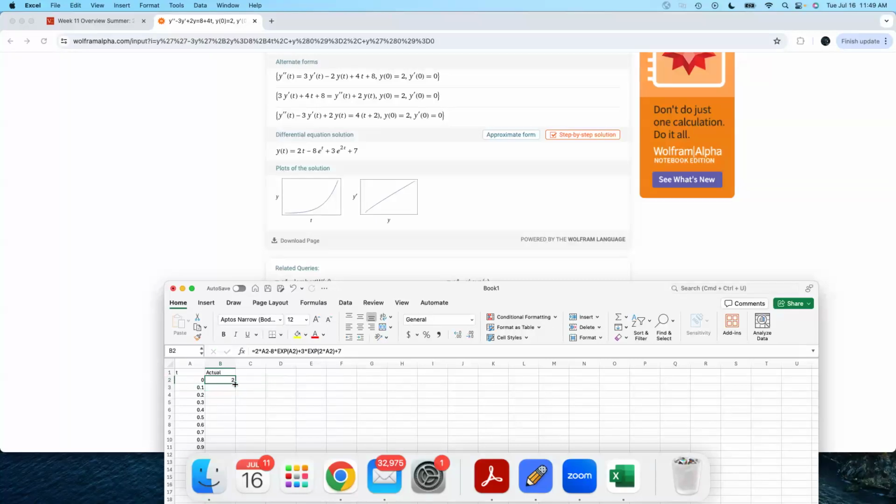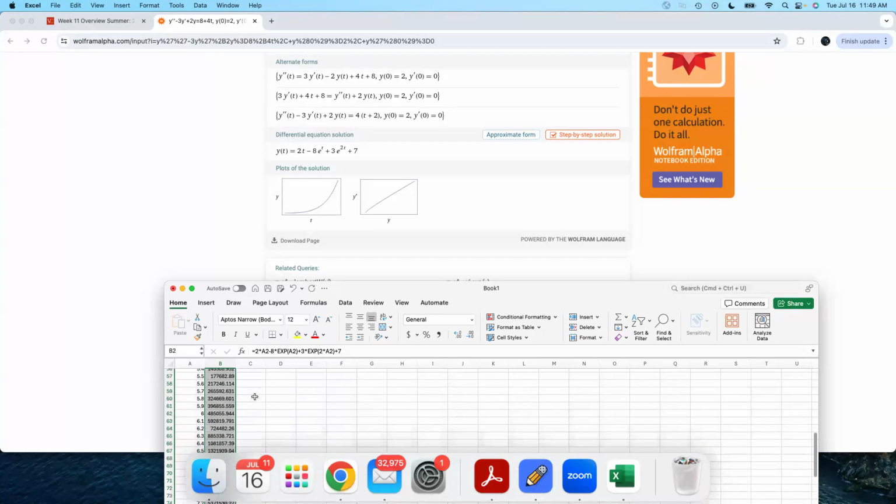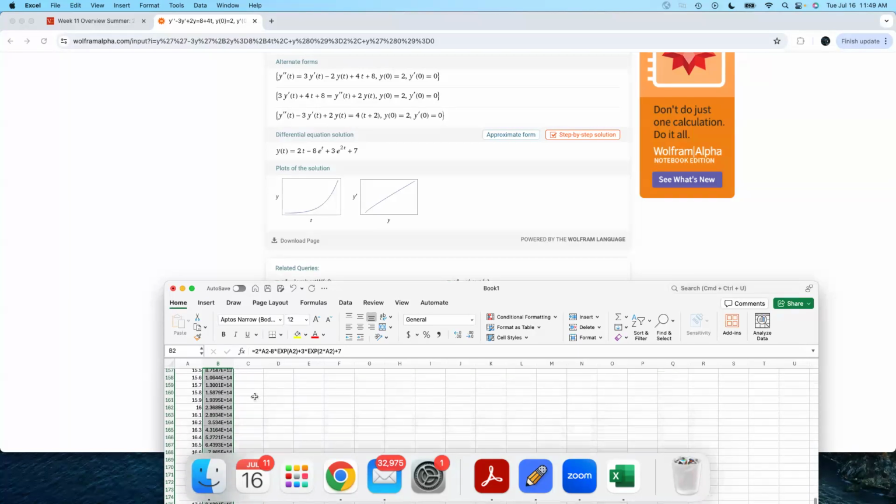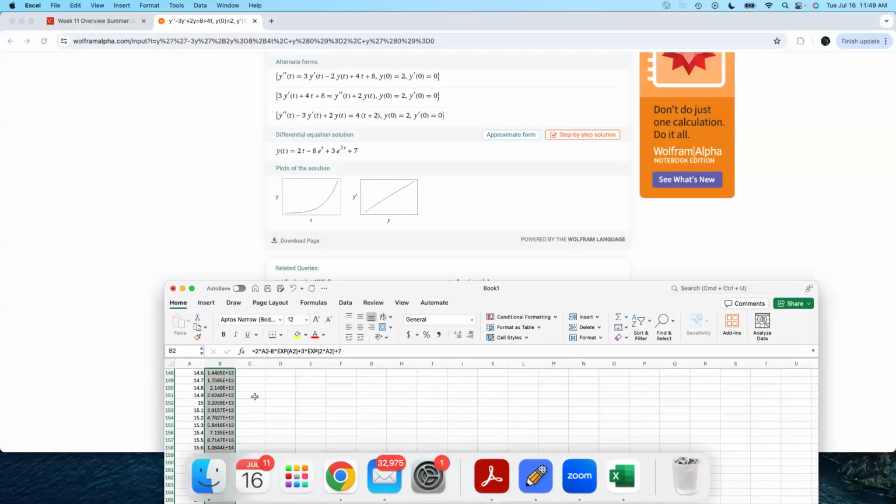And then I can just double click that little dot right there. There's my solution. That thing is growing big. He's getting really big.